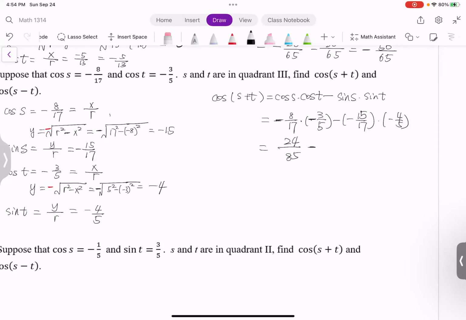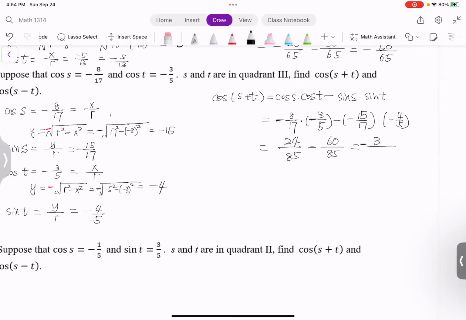And minus negative, negative, positive, minus 60 over 85. What is that? That is negative 36 over 85, and nothing can be simplified. This is my solution. How about cosine?